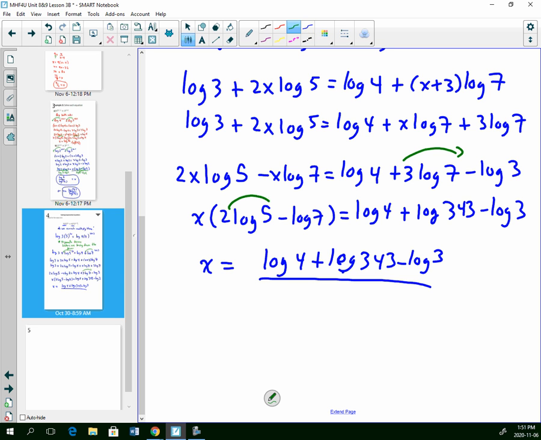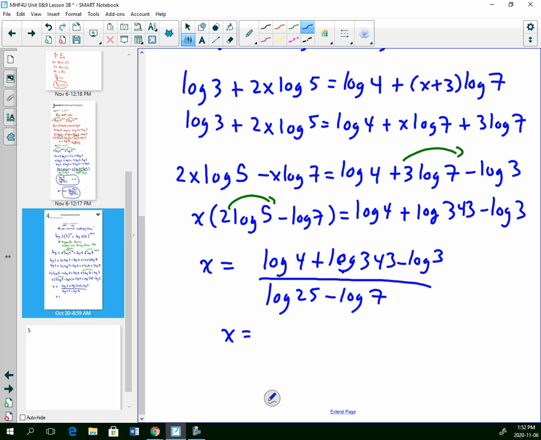Before, I'm just going to bring this 2 back up. So you can do more than one thing in each step. So I tend to put my powers back up as I'm moving things, kind of kill 2 birds with 1 stone. All right, so put the 5 back, or the 2 back up, gives me 25.